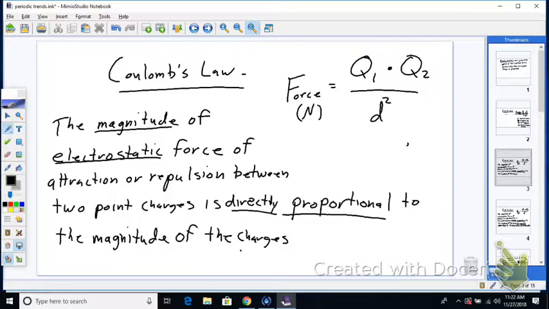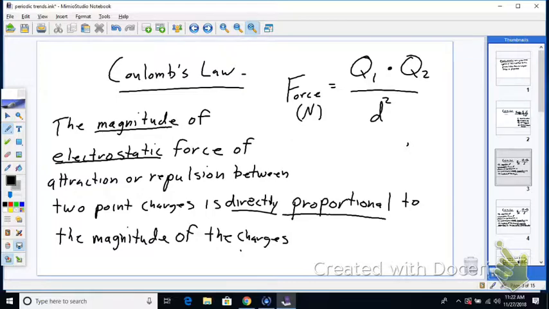The magnitude of the attracting force or repelling force between two point charges, like an electron or proton, like a cation and anion, which would be positive and negative charged atoms. When we look at their magnitude, they're directly proportional to the charge.